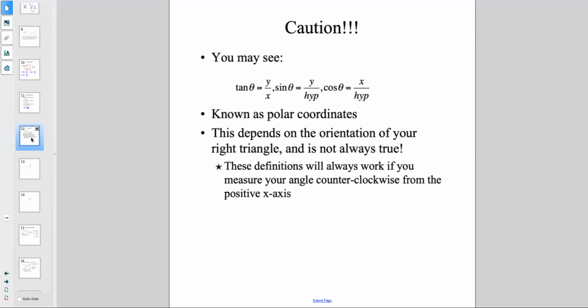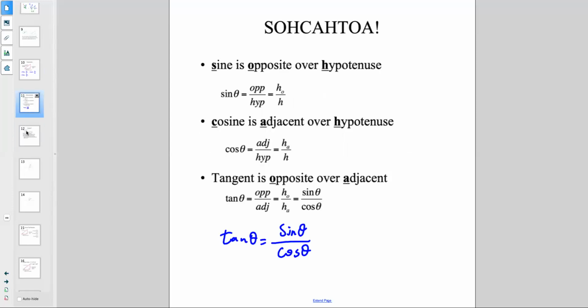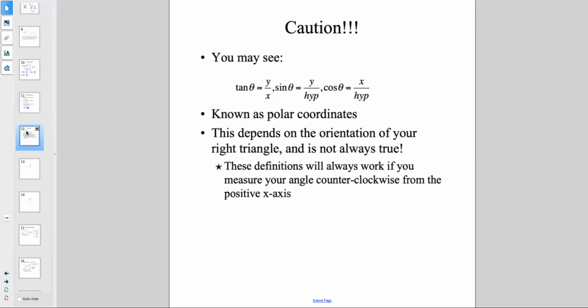You have to be a little bit careful, because tan is y over x, just the same stuff that we have here, but these are also known as polar coordinates. This depends on the orientation of the right triangle, and it's not always true, but these definitions will always work if you measure your angle counterclockwise from the positive x-axis.